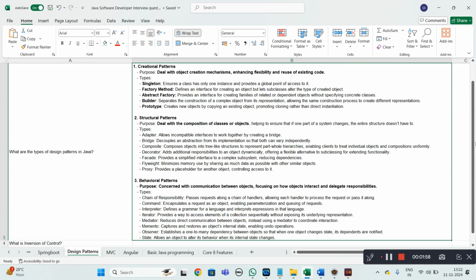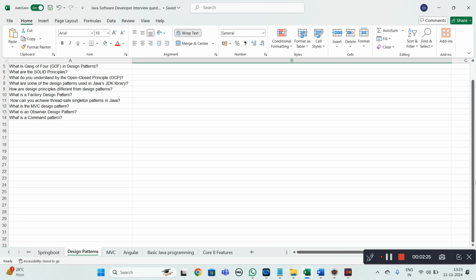Third category is behavioral design pattern. This is one of the most important categories in my thinking because there are some very important design patterns covered under behavioral design patterns. It deals with how the objects collaborate and communicate with each other, and it also focuses on how different objects interact and delegate responsibility among one another.